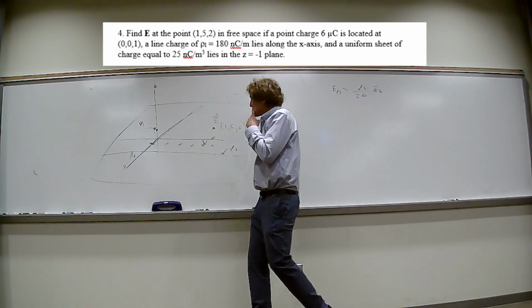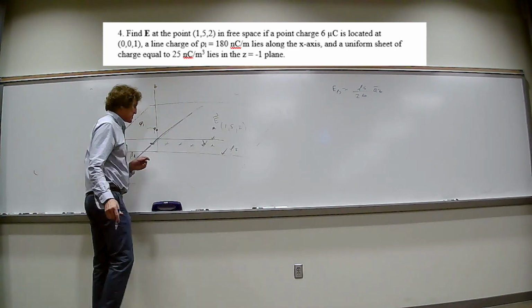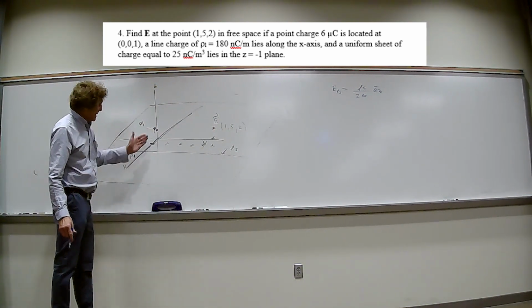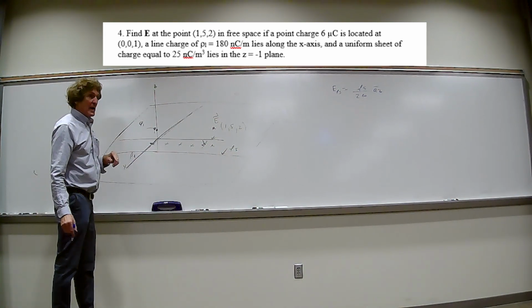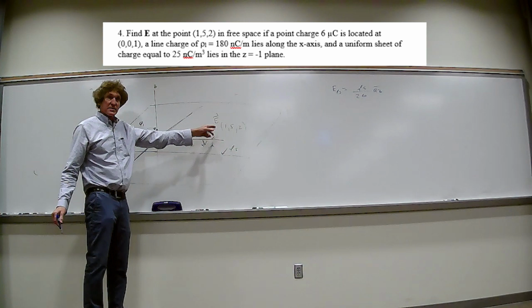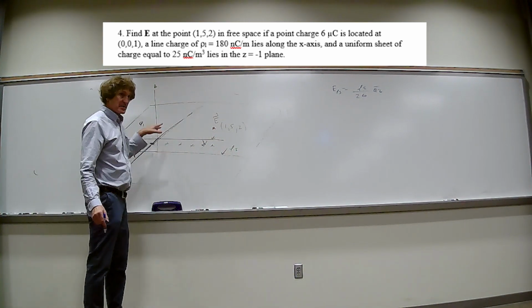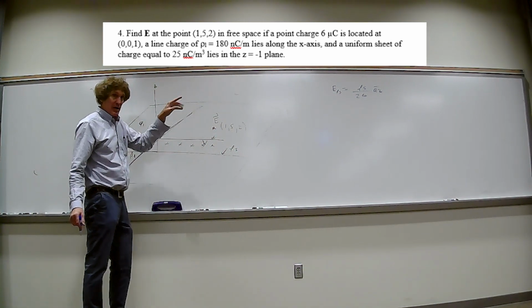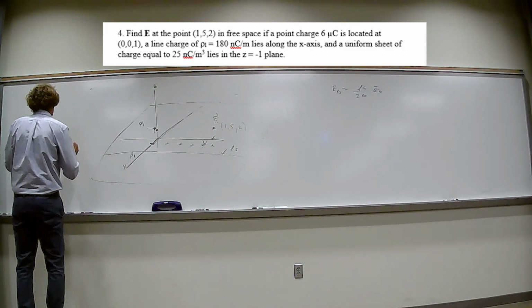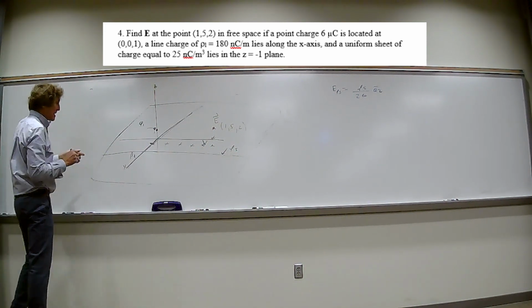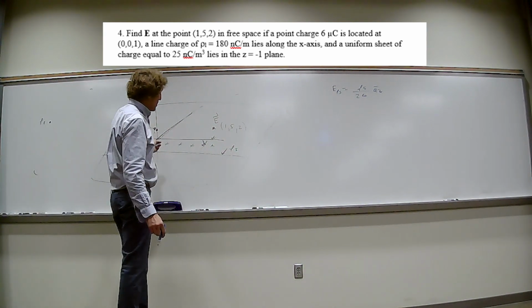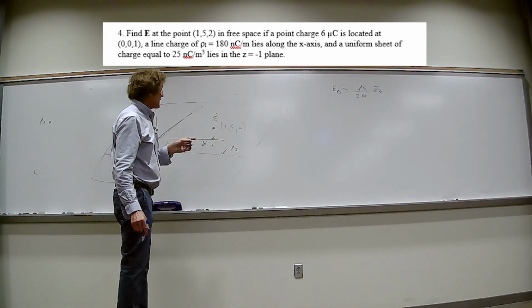All right. Next, we'll get it from the line charge right here. For the line charge, if you think about this, it doesn't matter with the x positions, does it? If you look at the x position, it's up and down the x-axis, right? So if I look right down the x-axis here, and I have rho L, I have to go out y equals 5 and then z equals 2.